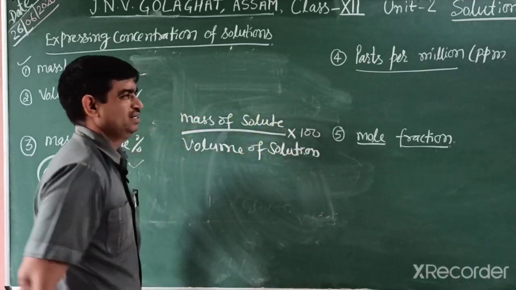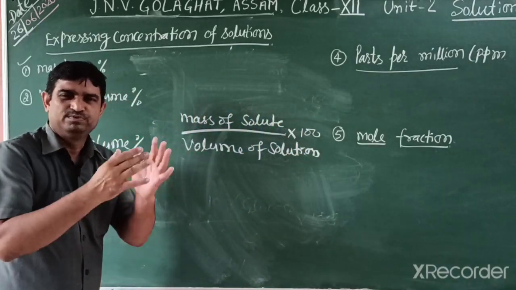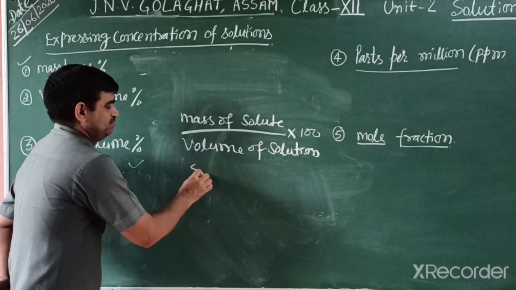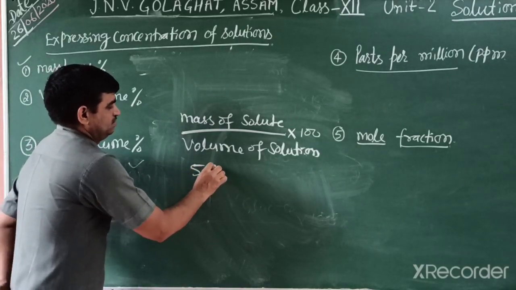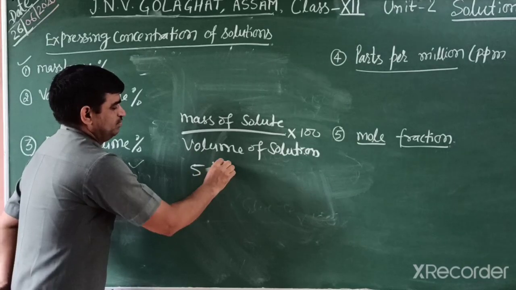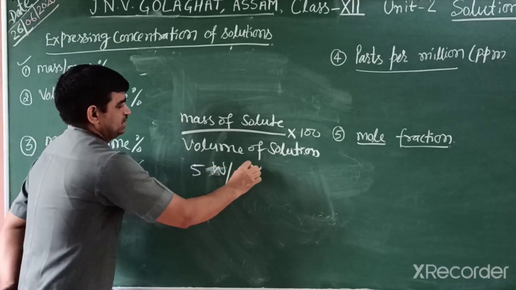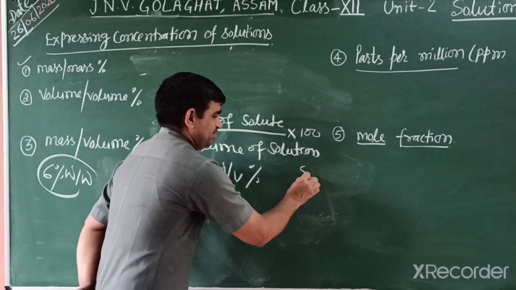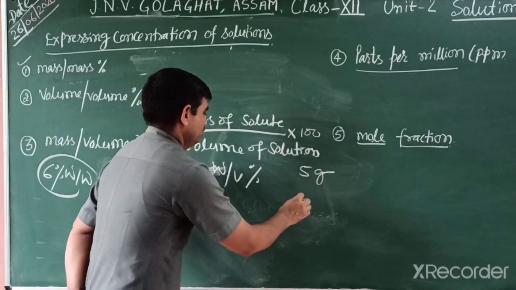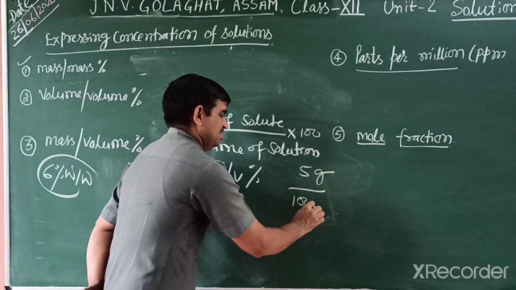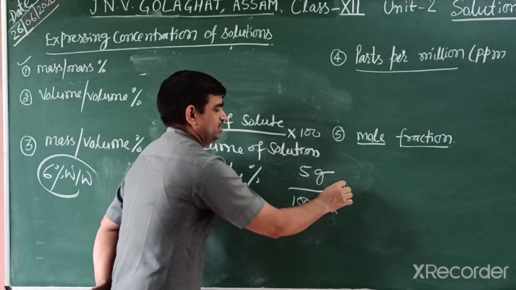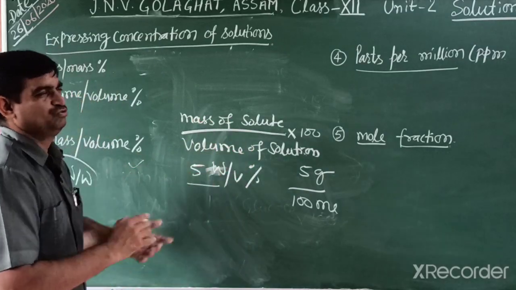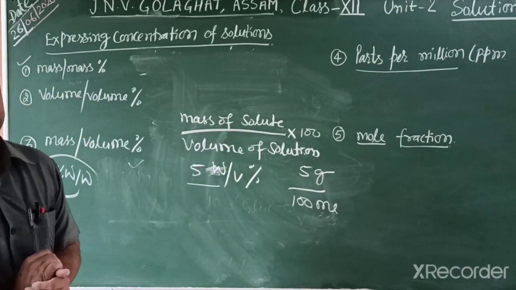Medicines are generally written this way: a solution has 5% weight by volume, W by V. This indicates 5 gram of solute dissolved in 100 ml of the solution, into 100. So in this way we can identify what amount of solute is present in that solution.